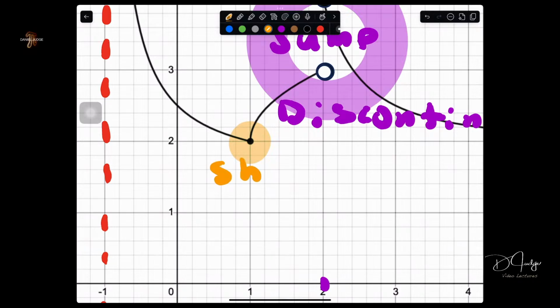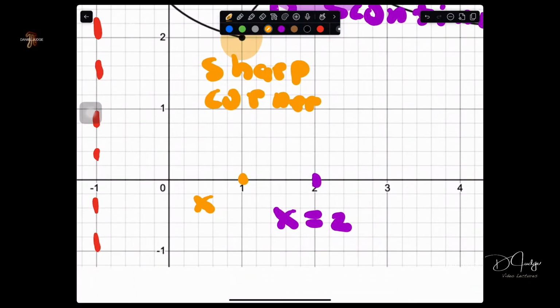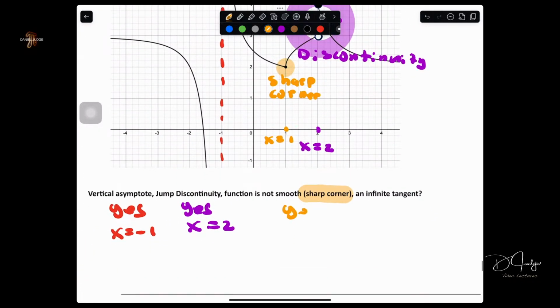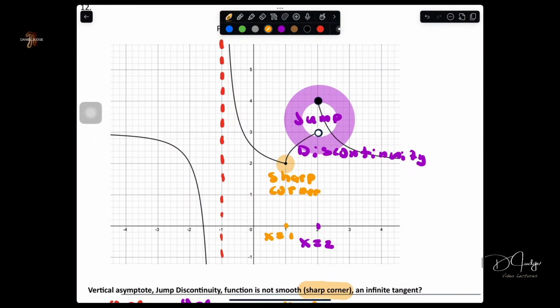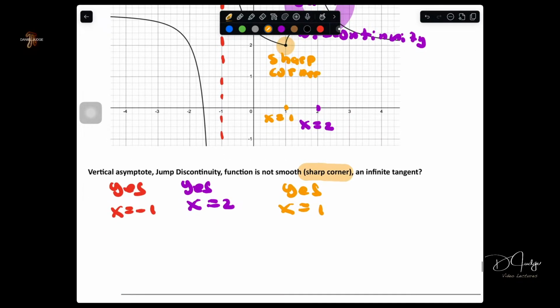So yes, a sharp corner happens at x is 1 here. This is a yes at x is 1. Any infinite tangents? No, I don't see locations on the curve that are strictly vertical, so this is a no.